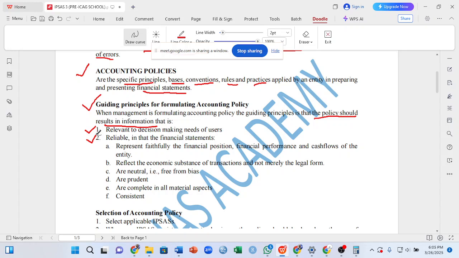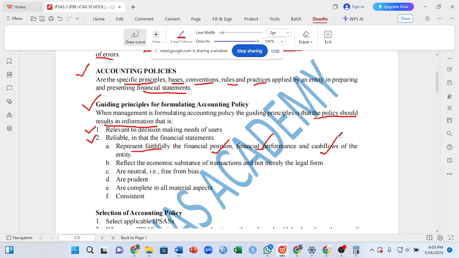Then the standard moves on to explain what it means by reliability. Reliability is referring to faithful representation. Reliability number one is about faithful representation. Is the information faithfully represented in the financial statement in terms of the position, in terms of the performance, in terms of the cash flow?